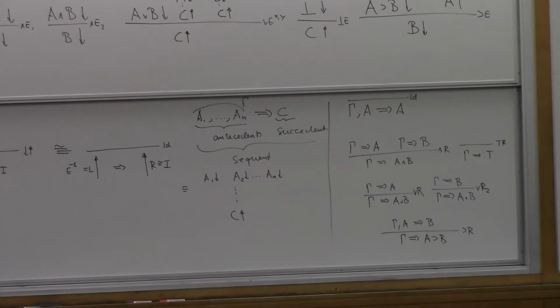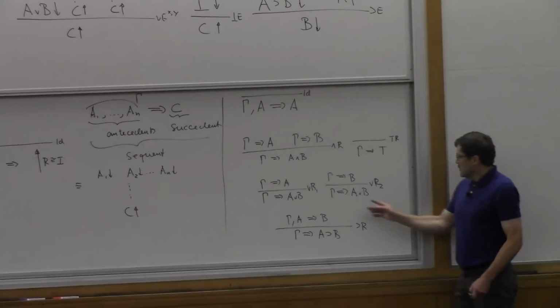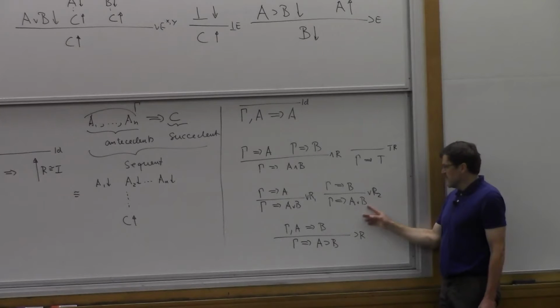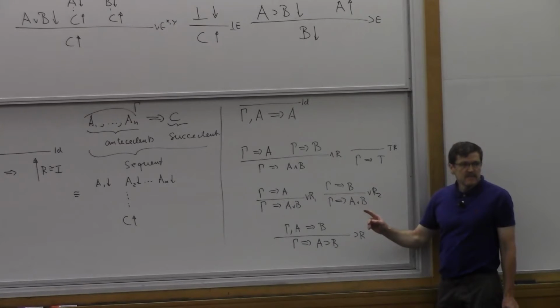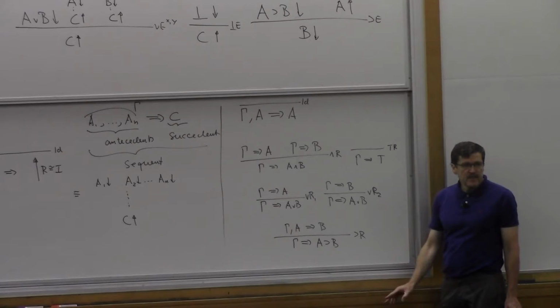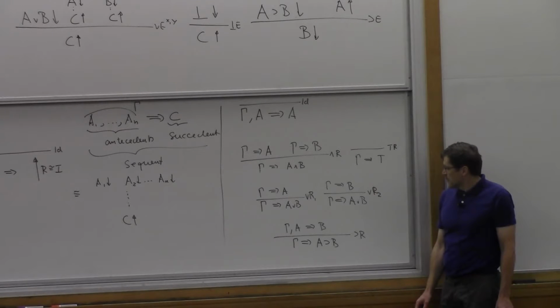Yep. So for the or-right rule, can you just say a sentence again? I think I'm a little lost. Okay. To prove a verification of A or B from the assumptions in gamma, it is enough to have a verification of B from the assumptions in gamma. No, you don't know that.